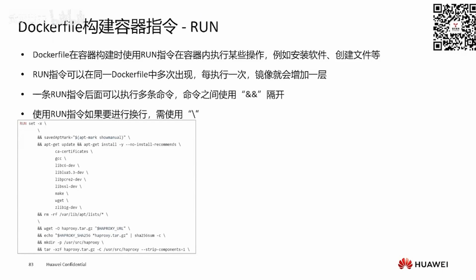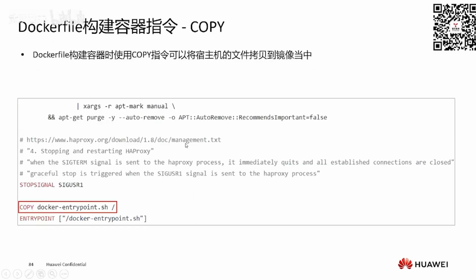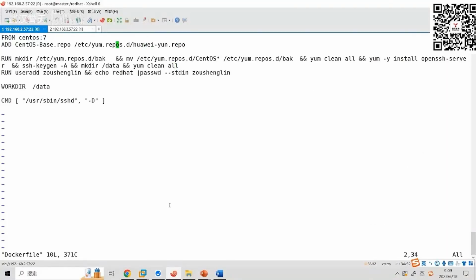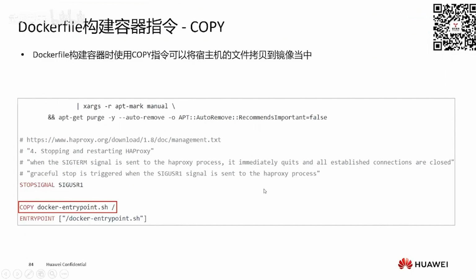So we try to write all RUN commands in one line, though it's not necessary to only write one. If the commands are completely unrelated, it's better to keep them separate. This also makes it easier to maintain in the future. Like if two people are involved, you don't have to mix them together.